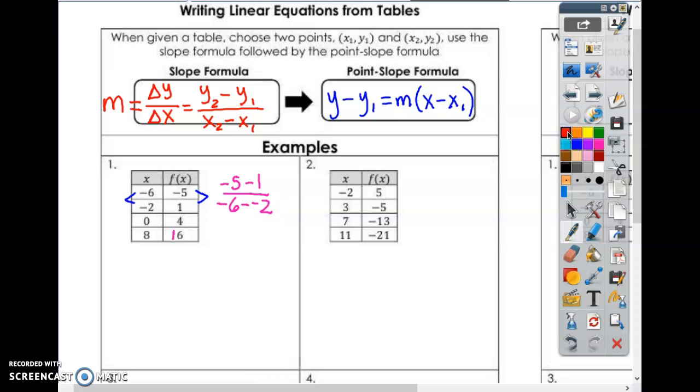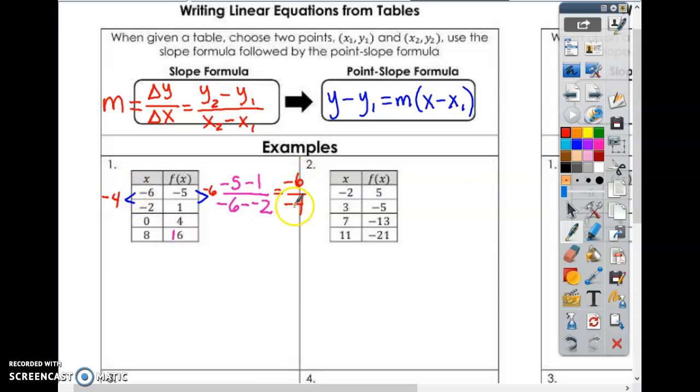So when you subtract the y's, what's negative 5 minus 1? Negative 6. And what's negative 6 minus negative 2? Negative 4. Okay, so this 2 changed by negative 6, and these 2 changed by negative 4.